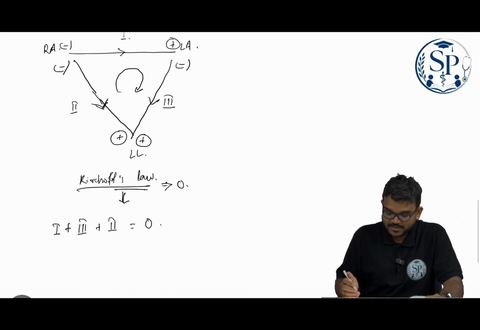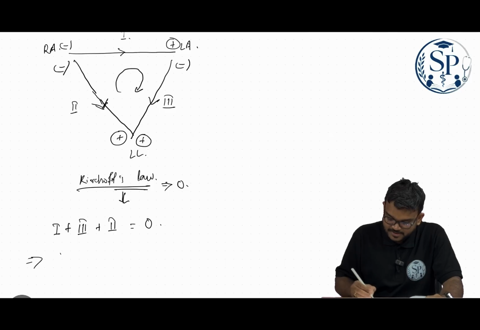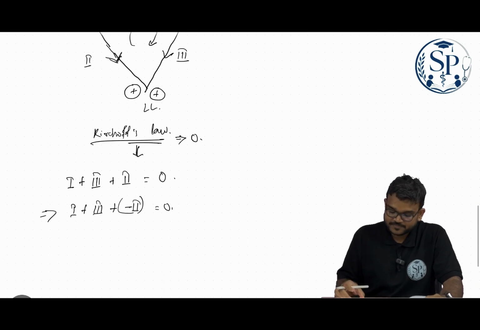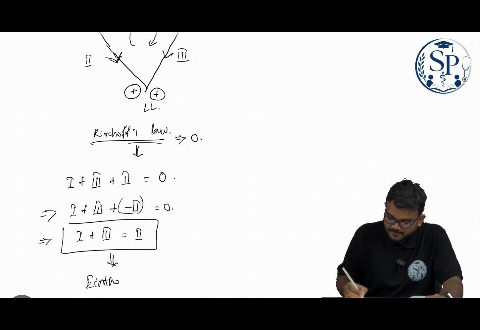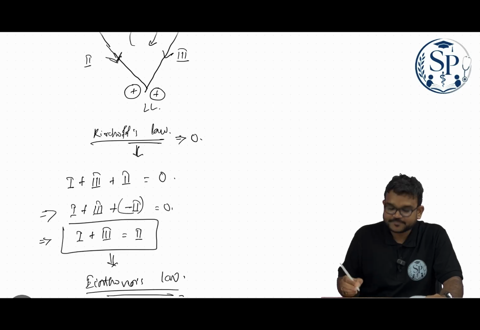If it is reversed, then the derivation will be like this. So ultimately lead 1 plus lead 3 equals lead 2. This is Einthoven's law.